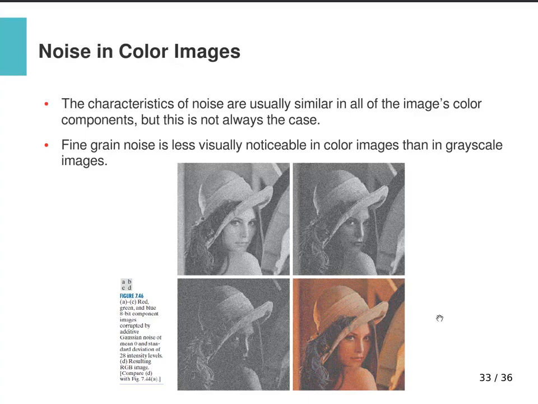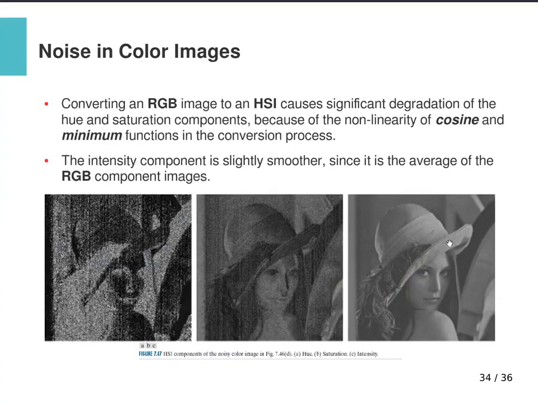And finally, this one is the result of the RGB image that is created by these three noisy components. So now what do you think happens if we convert this RGB image into HSI? Converting an RGB image to HSI causes significant degradation of the hue and saturation components when you have noise, because of the nonlinearity of the cosine and minimum functions in the conversion process.